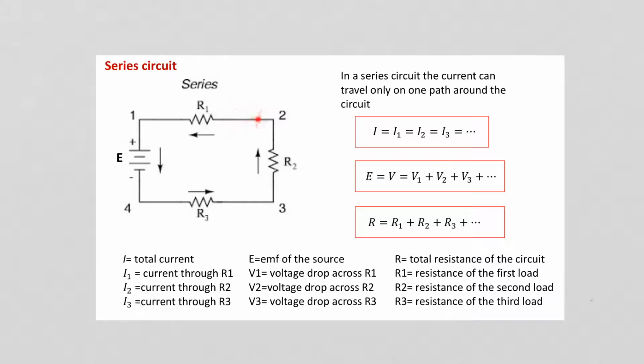Then the free end of the first resistor is connected to the second resistor, the free end of the second resistor is connected to the third resistor, and then the free end of the third resistor is connected to the negative terminal of the power source.